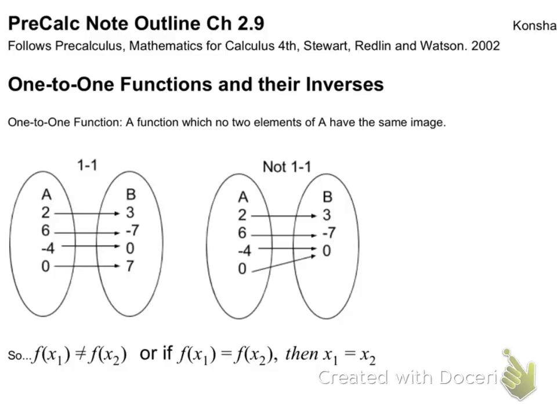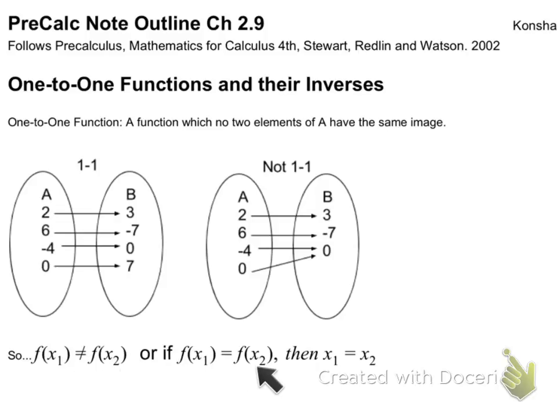We also can look at it in terms of f of x1 and f of x2. Essentially, the value of f of x1 should never equal f of x2, unless the inputs are the same.